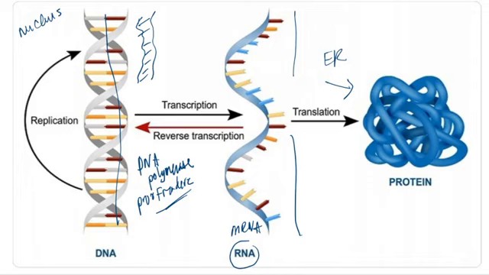Transcription is the process by which RNA is synthesized from the DNA template. The result is the formation of messenger RNA from the base sequence specified by the DNA molecule. Transcription begins with an enzyme called RNA polymerase, and that binds to a promoter region, and that promoter region is a site of sequence of the DNA that specifies the beginning of the gene.